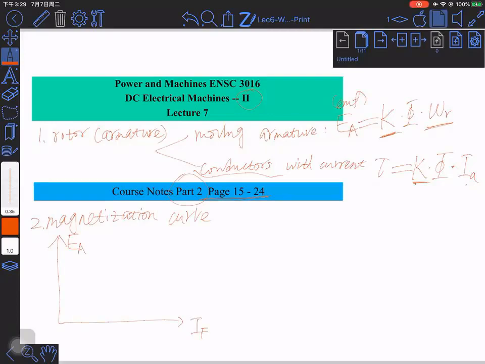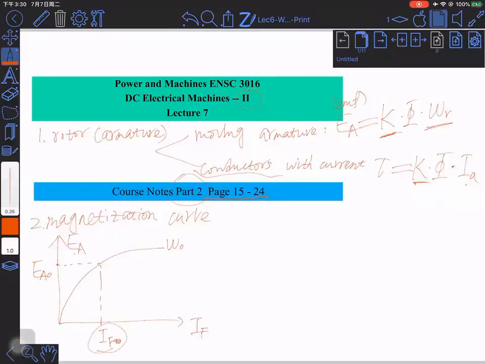At different speeds, we have different magnetization curves. This is the curve for speed omega 0. It tells us that if we want a certain electromotive force developed, how much field current we need. And we can control the field circuit to deliver the field current to produce the electromotive force.